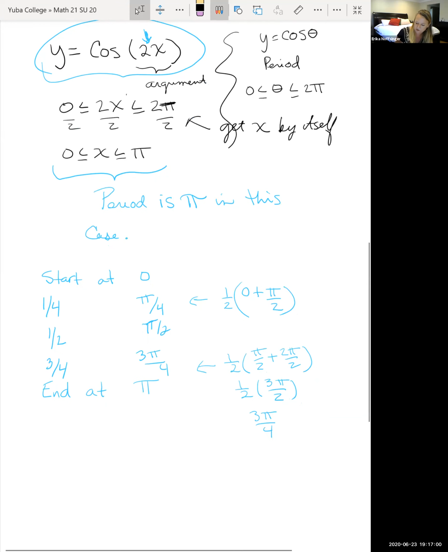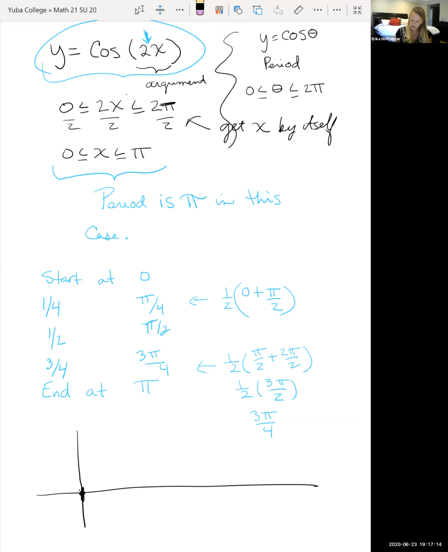So let's put those important points on the graph. Start at 0. That's an important point. We have pi fourths. It doesn't matter how we make it, we just know these are equal distances. Pi halves. We have 3 pi fourths. We have pi.